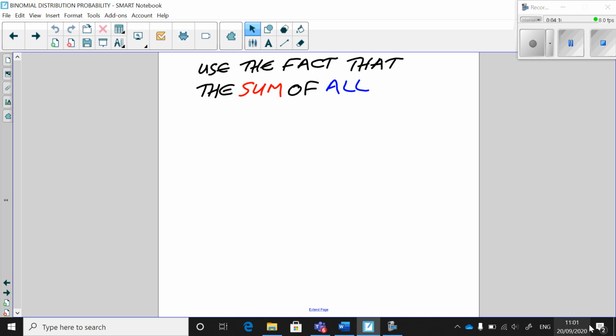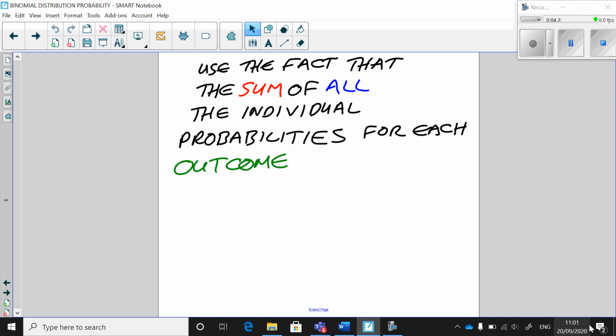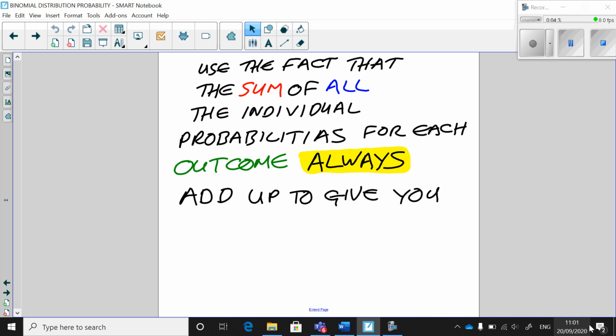So we need to see if we can get a way around this. We'll use the fact that the sum of all individual probabilities for each outcome always adds up to give you 1.